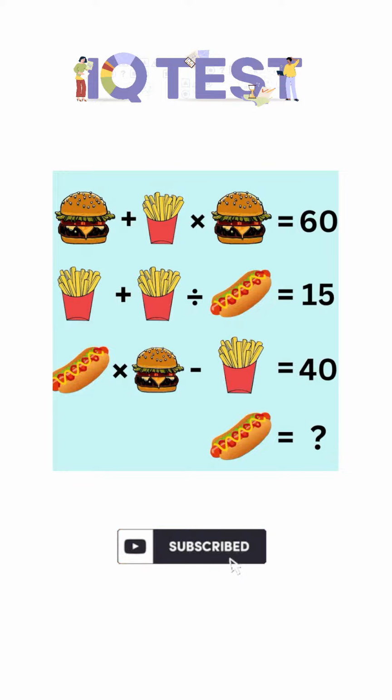So we have one burger plus fries multiplied by burger will give us 60. Then we have two fries, fry plus fry, divided by a hot dog, and that will give us 15. And then we have one hot dog multiplied by the burger minus the fries, that will give us 40. So we have to find a hot dog. Don't worry.